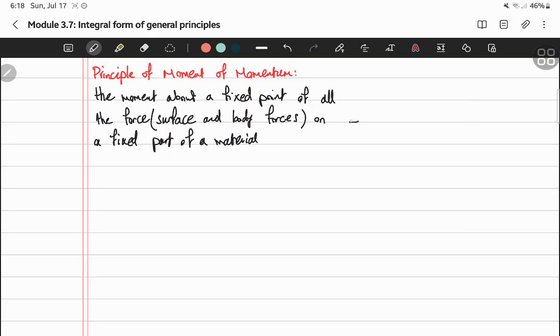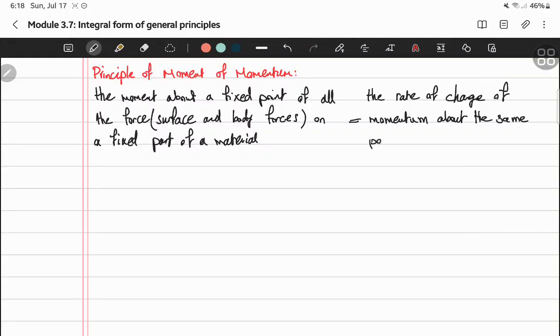is equal to the rate of change of momentum about the same point.